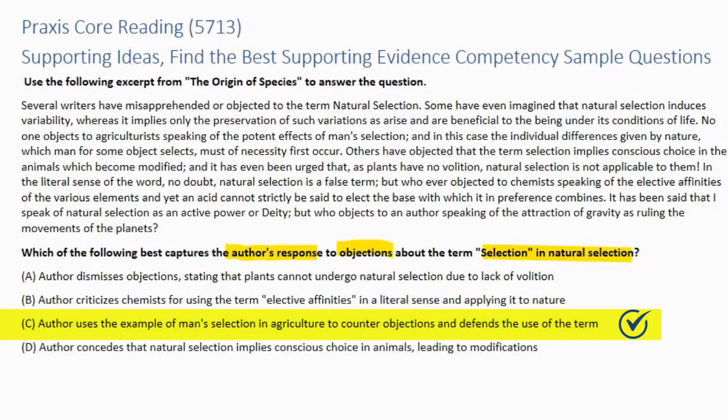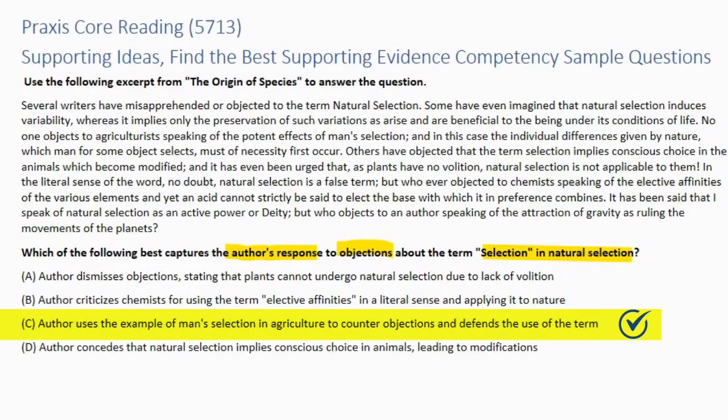The author uses the example of man's selection in agriculture to counter objections and defends the use of the term. This captures the author's response to objection about the term. The author counters objections to the term selection by providing the example of agriculturalists speaking of the potent effects of man's selection. The author argues that objections, such as implying conscious choice in animals, are unfounded.